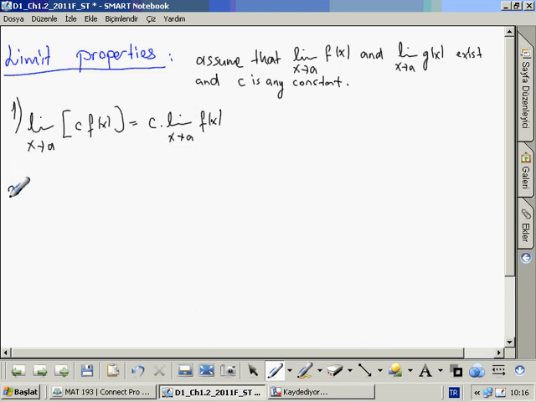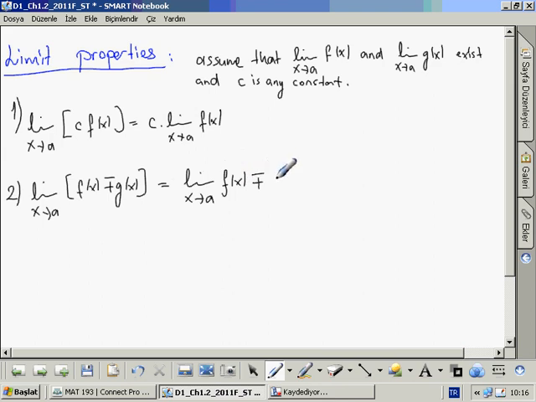And the second property: limit x equals to a of f of x plus or minus g of x equals limit x equals to a of f of x plus or minus limit x equals to a of g of x.